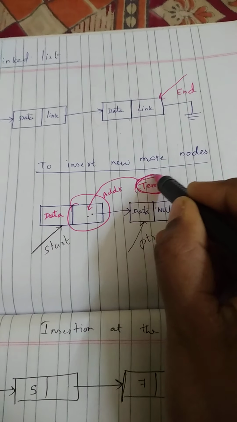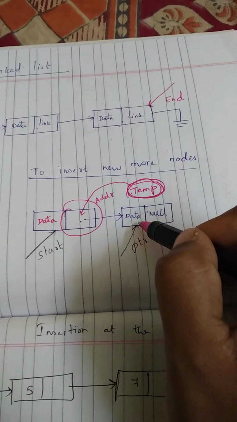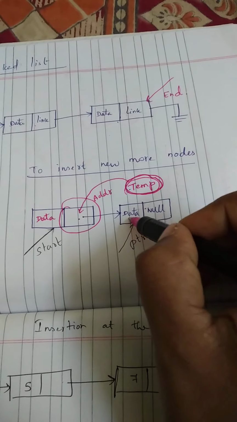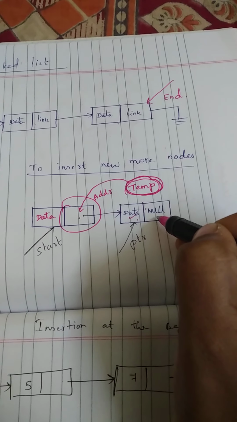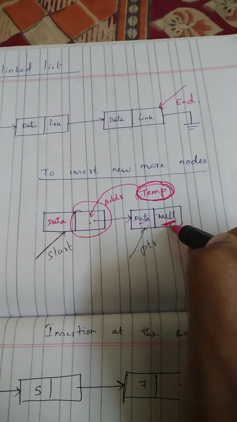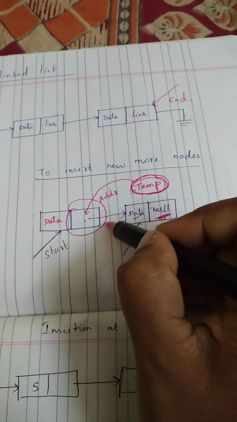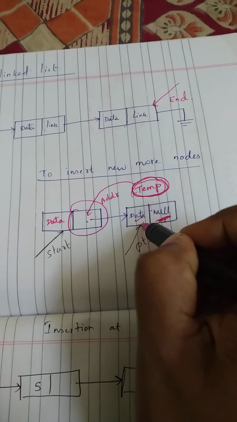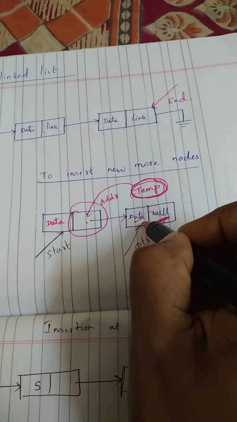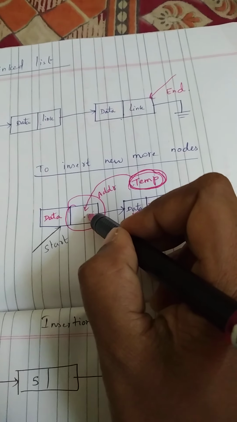So I am maintaining one more object, temp node, with the next element to be inserted with the data, and as this is the last node, you have to keep the address as null. But I have to update the address of this temporary node to this starting pointer.